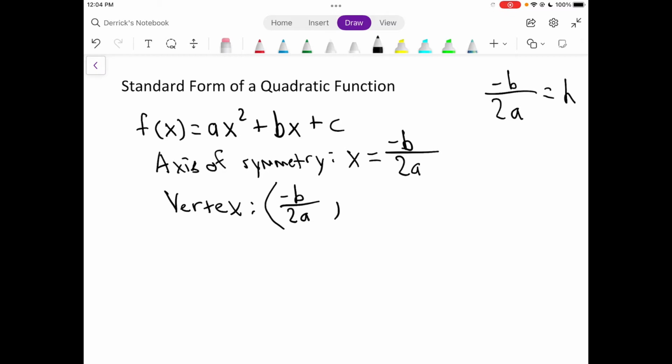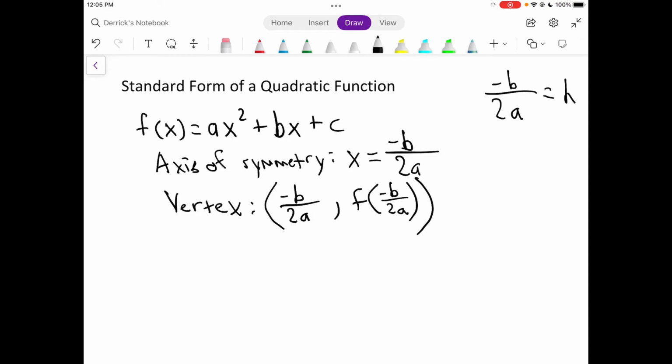But if we have an equation sitting right up here, and we are able to find what x is going to equal, all we have to do is take that x value, plug it in to the equation for x, and whatever we get will be the y value we need for our vertex. In other words, you could write this as f of negative b over 2a, meaning we'll simply plug in whatever we get.